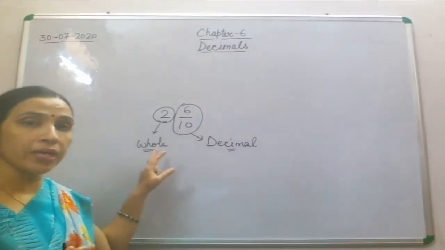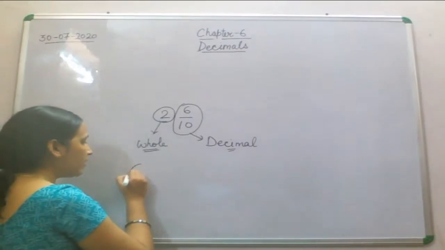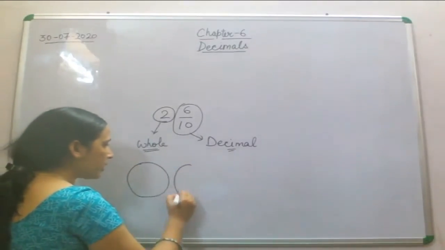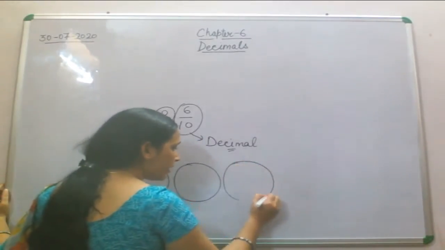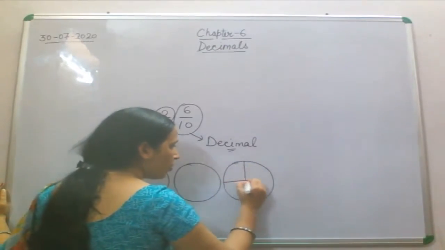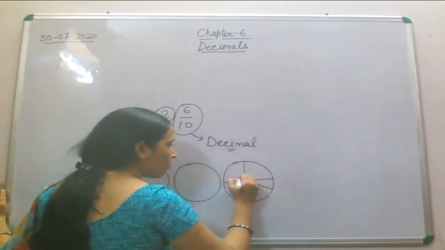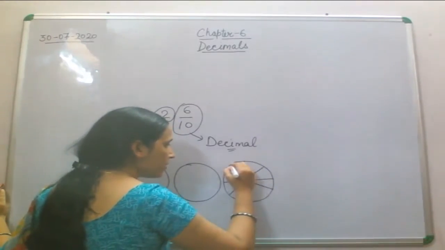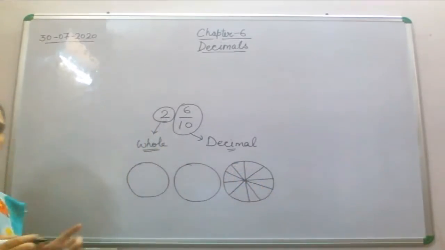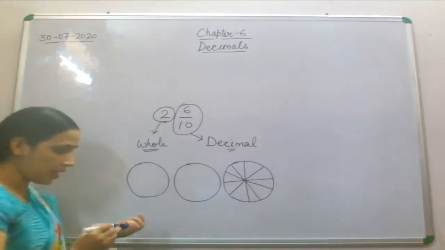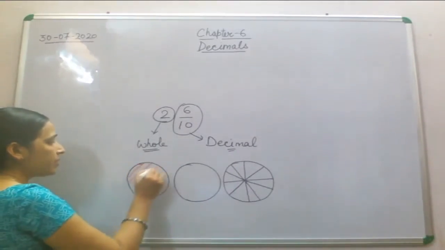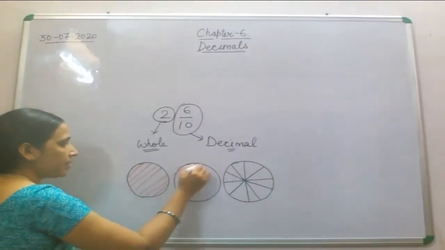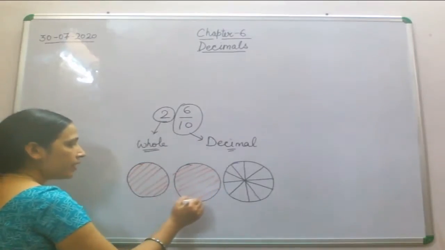Now understand how it will be. 2 whole means if you have circles, you have 2 whole circles, and 6/10 means you have a circle that is divided into 10 parts. 2 whole means these circles are shaded completely, so these 2 represent 2 whole.